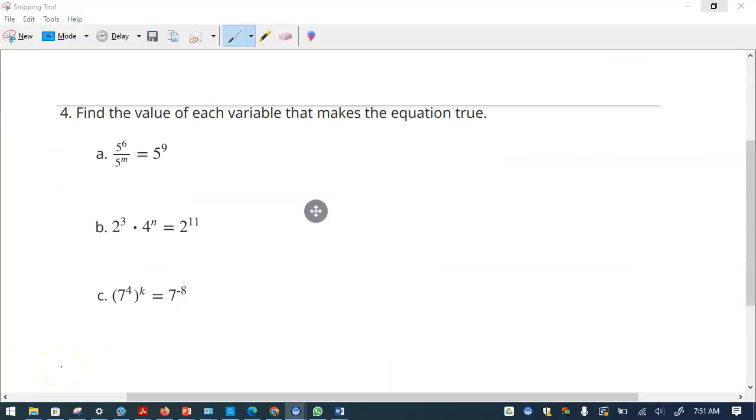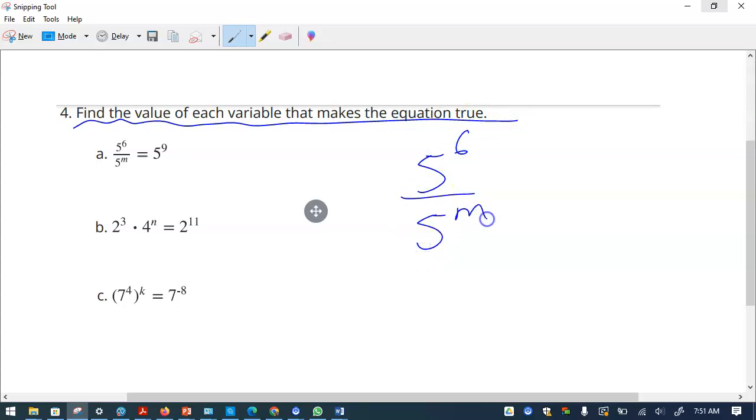So this one is saying find the value of each variable that makes the equation true. So 5 raised to 6 divided by 5 raised to m has to be equal to 5 raised to 9. So how do we do this? You can use the same quotient of power. That means you write 5 raised to 6 minus m equals 5 raised to 9.